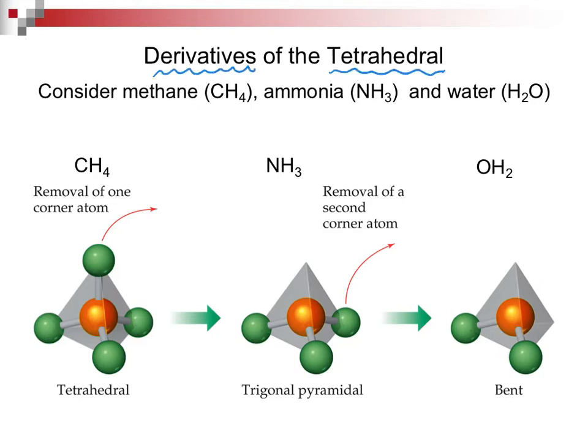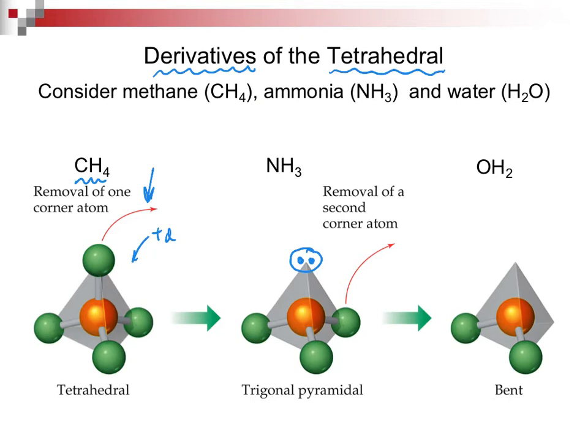So, that is the ideal, and what we will talk about a lot in this class are derivatives of the tetrahedral. We're going to show you how they are derived, but for now, here's a tetrahedral. It represents methane, and if I take away one corner atom, and that's this red arrow, what I would be making is NH3, and I would still have a lone pair of electrons there.